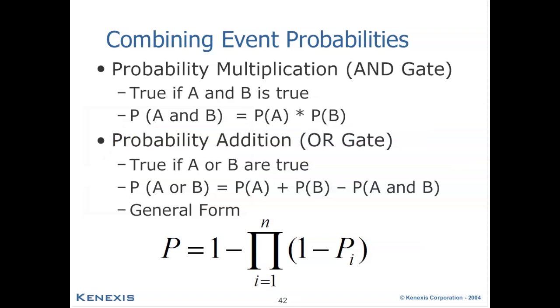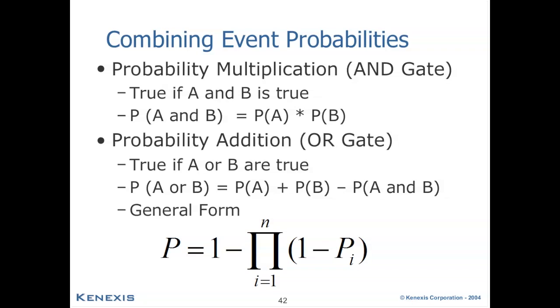When combining the event probabilities, we can combine them under the principles of two events occurring at the same time, or the possibility of either of two events occurring. For the first case, an event will be true if A and B are true.